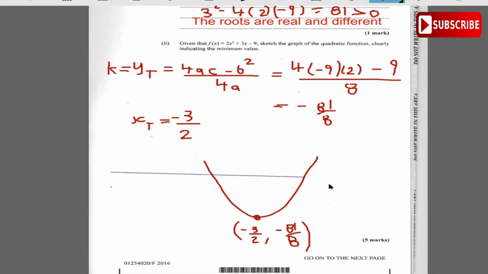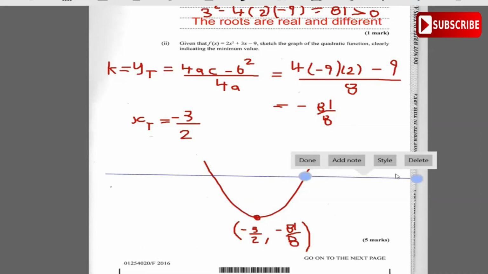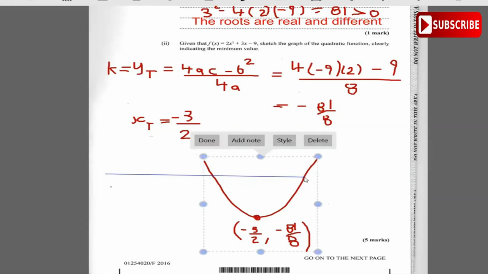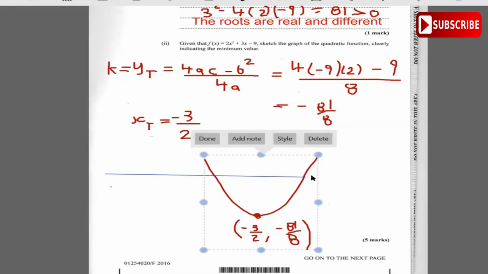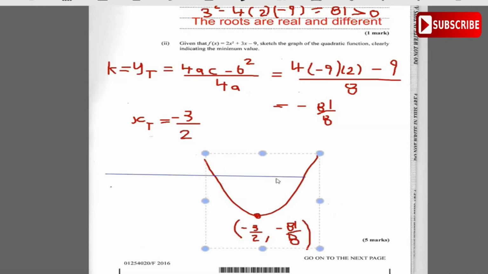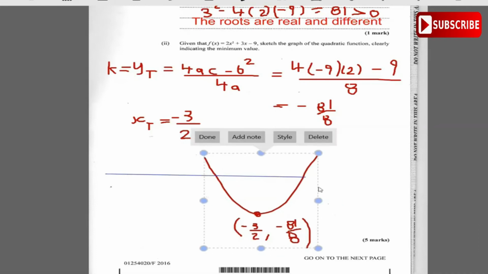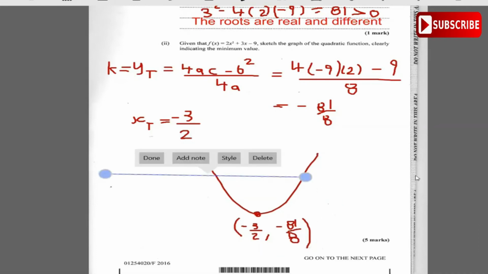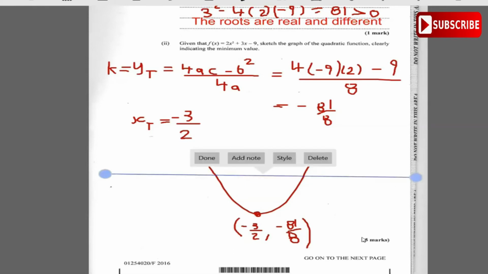What am I saying? Let me make it a little straighter. So this would be something like the x-axis, all right?